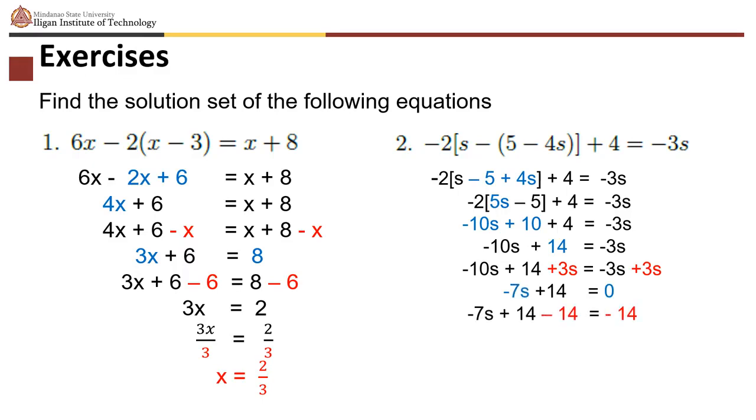Meaning to say, negative 7s plus 14 minus 14 equals negative 14. So we get rid of 14 on the other side. We were able to isolate s there. So we now have negative 7s equals negative 14. And that should give us negative 7s divided by negative 7 equals negative 14 over negative 7. Meaning to say s is equal to positive 2.